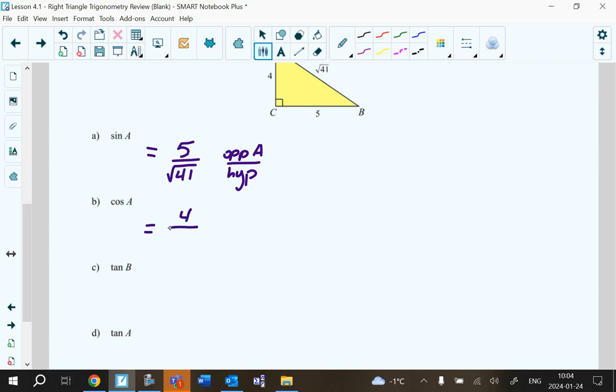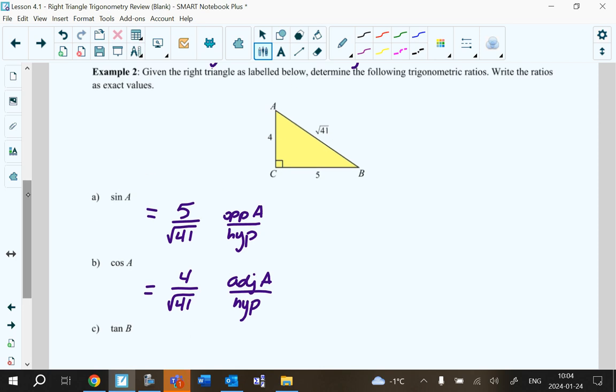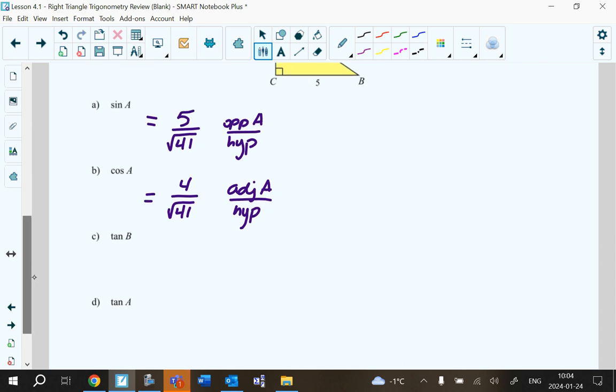Because it's adjacent angle A over hypotenuse. The tan of angle B? 4 over 5. What about the tan of angle A? 5 over 4. Big difference between the two.